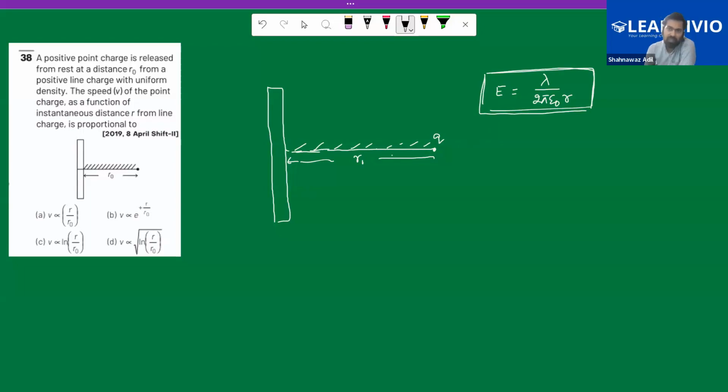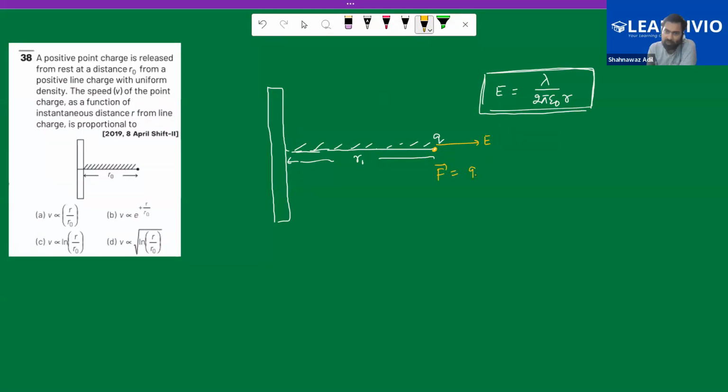Yes, sir. So we have a charge which is experiencing an electric field. So this charge is in the presence of the electric field. So this is a positive charge. So it will experience some electric field in this direction. So it will experience some force. Right?